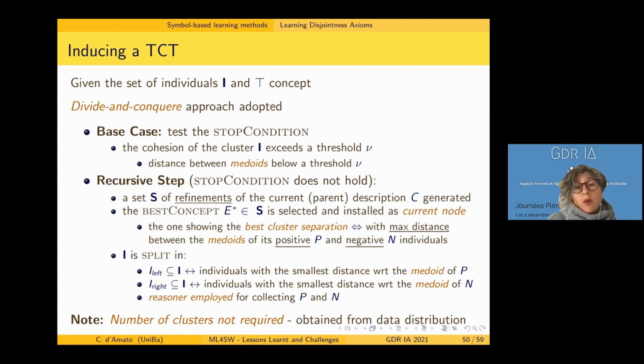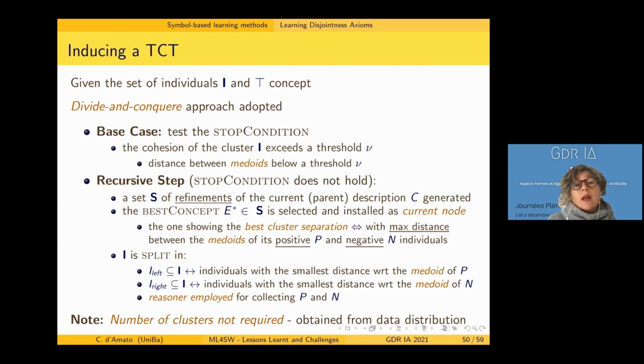If the stop condition is not verified, then the recursive step is performed. This means that, given a current node that contains a concept description, a number of refinements of the current node are generated, using suitable refinement operators for description logic representation. Given these refinements, the best concept is selected and installed as the current node, where the best concept is the one showing the best cluster separation between the positive and the negative examples.